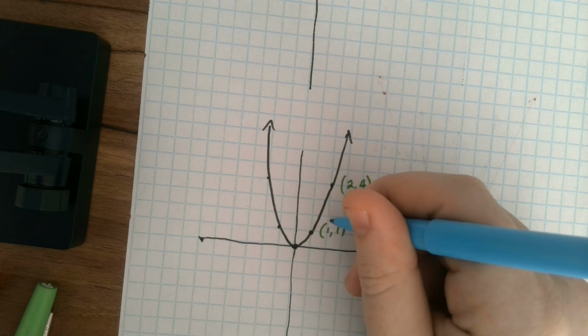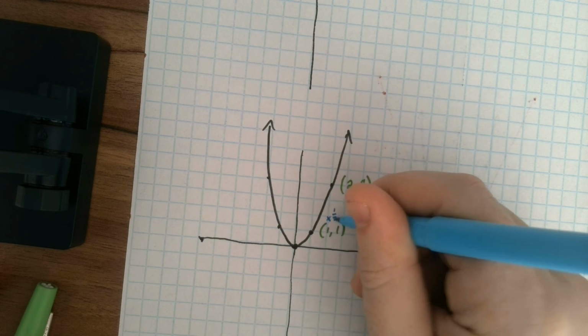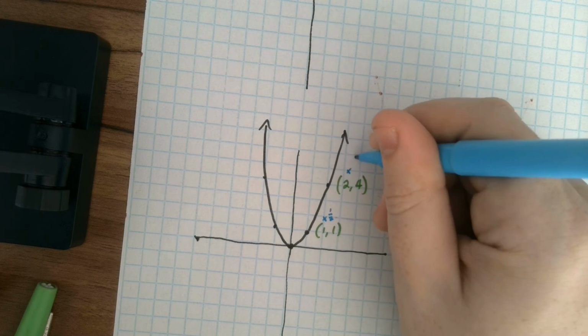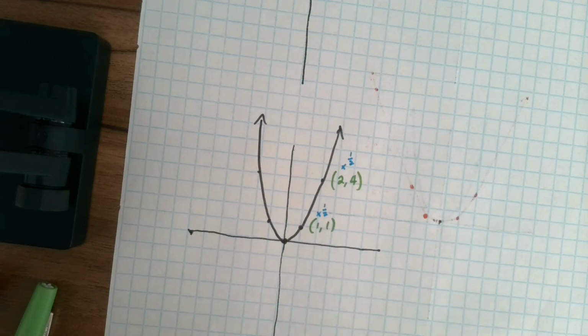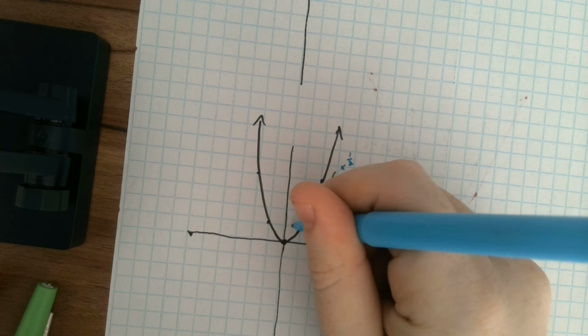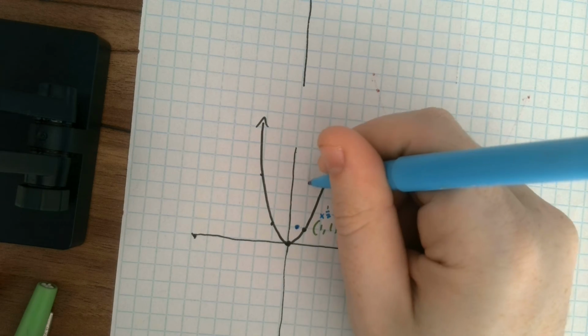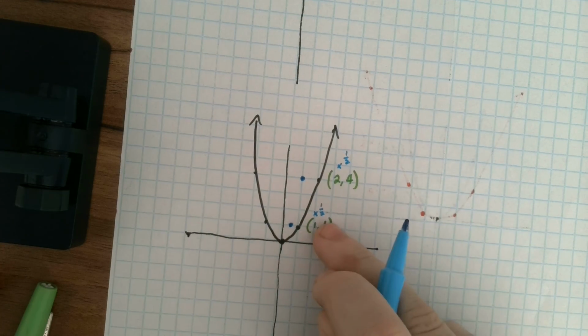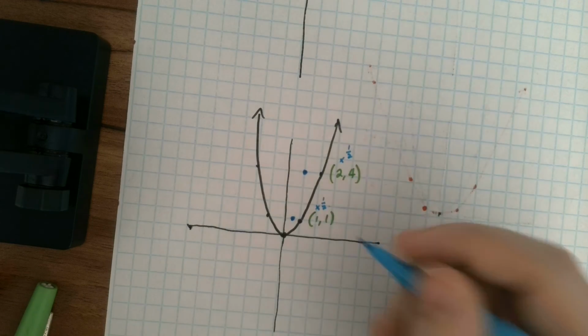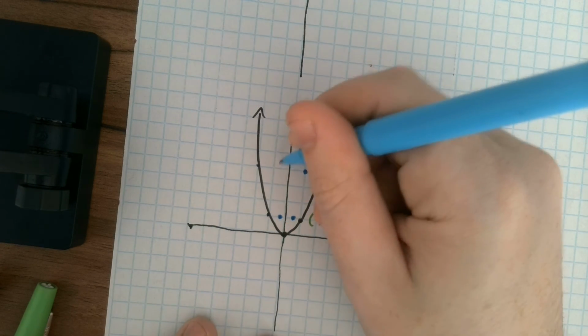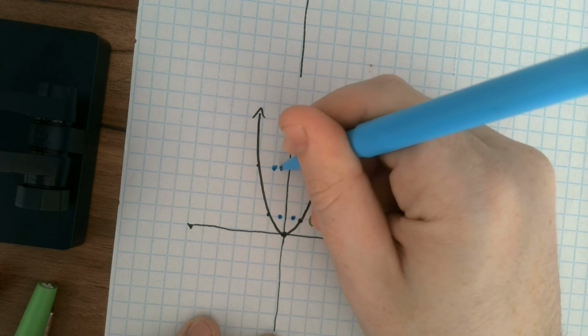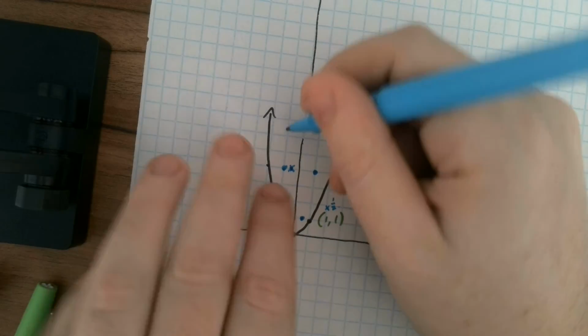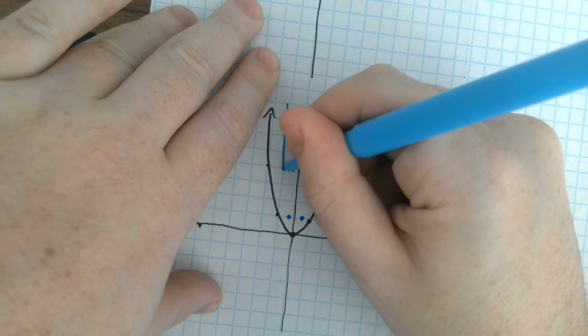Well, it makes sense that instead of an x value of 1, we multiply that by 1/2. Instead of an x value of 2, we can multiply that by 1/2. Our new points are going to be 1/2, 1 and 1, 4. Because that'll be a horizontal shrink by a factor of 2.